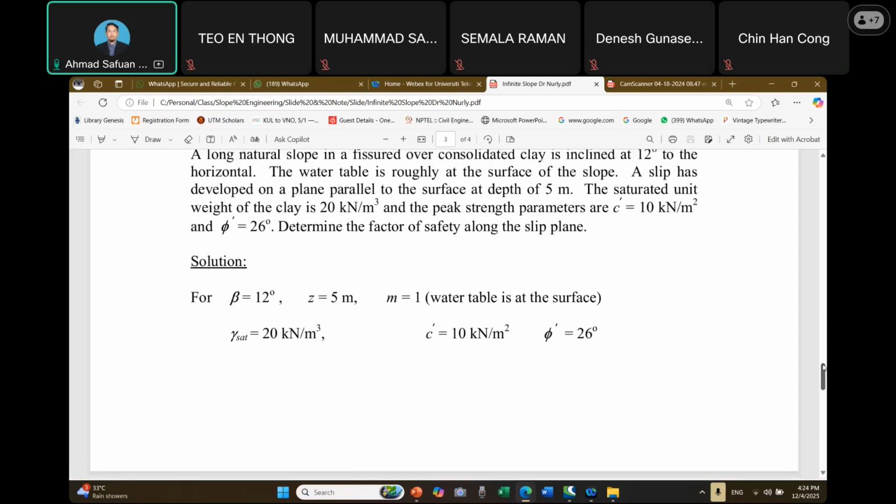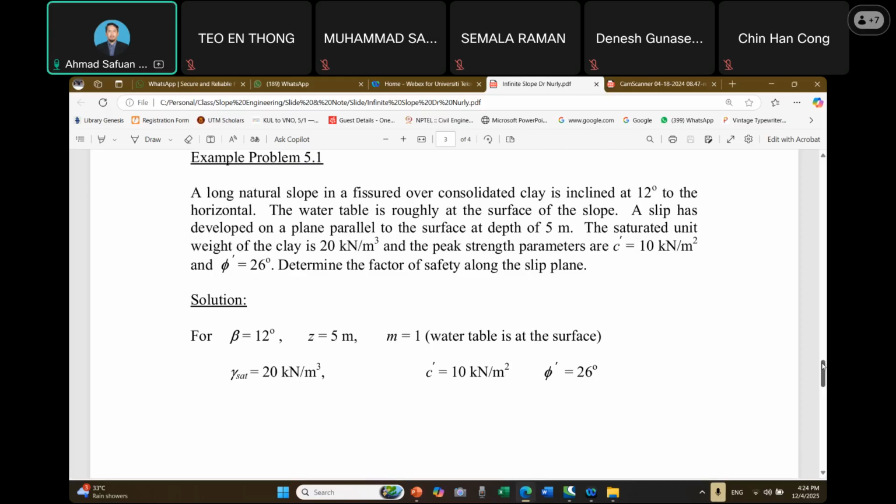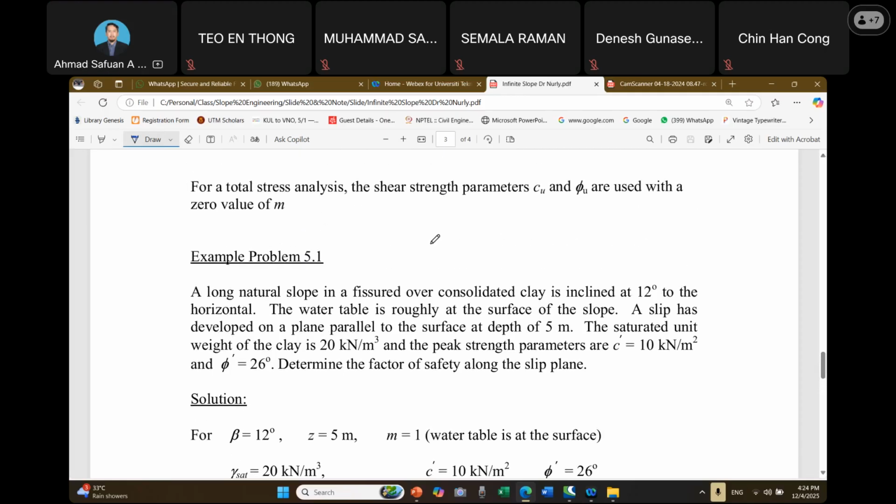So for the solution, beta is equal to 12, so we try to draw the problem. We have a slope with an incline of 12 degrees. The water table is roughly at the slope surface. A slip has developed on a plane parallel to the surface at a depth of 5 meters.